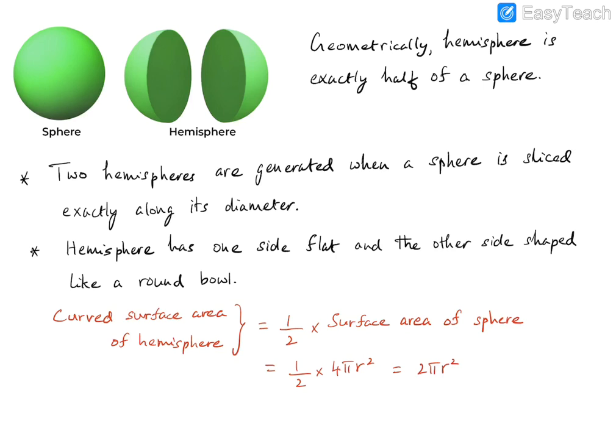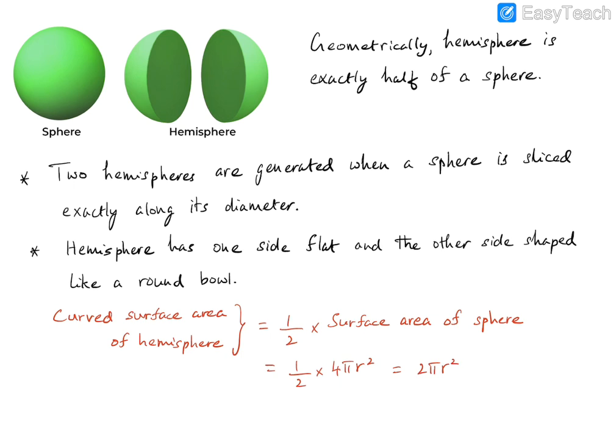A hemisphere is basically obtained when we cut a sphere into 2 equal parts by slicing it exactly along its diameter. So when we slice the sphere exactly along the diameter, we get 2 hemispheres, and we are interested in calculating the surface area of the hemisphere.